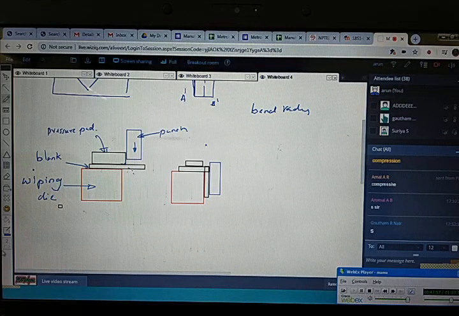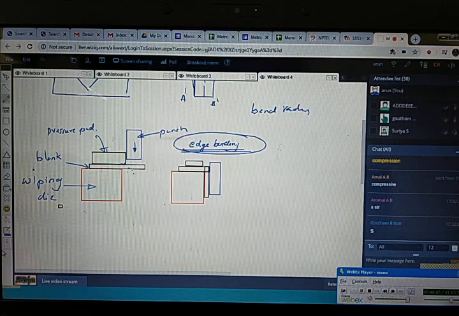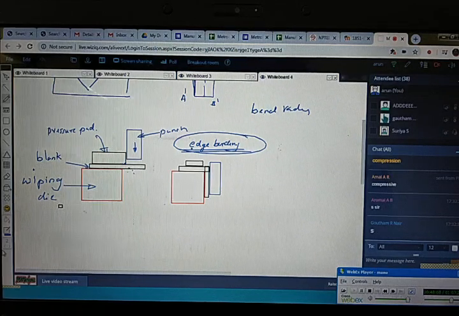So this is what we call edge bending. Is it clear to all? Yes, fine.